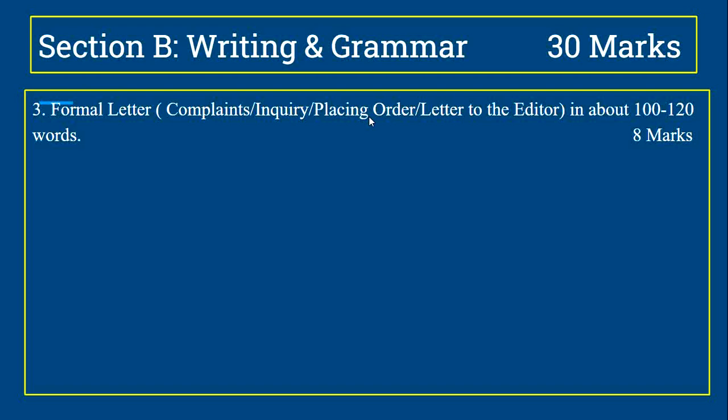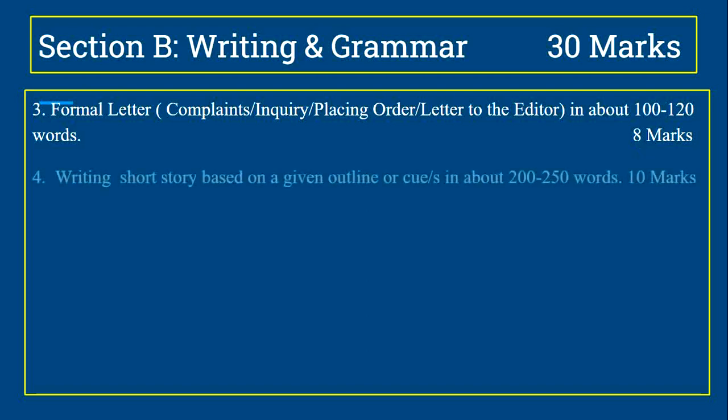You have to compose this letter in about 100 to 120 words, and 8 marks is allotted for the composition of this letter. Now question number 4 is about writing a short story based on a given outline or cues in about 200 to 250 words, and 10 marks is allotted for this.